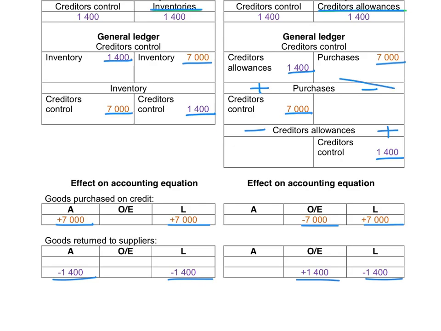This purchases account and creditors allowances account: the expense is purchases, the reduction of the expense is creditors allowances. At the end of the financial year, we will transfer this creditors allowances to the purchases account.